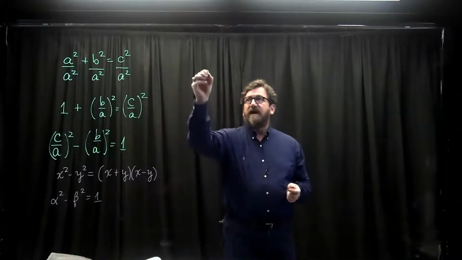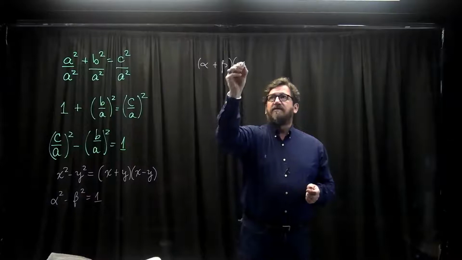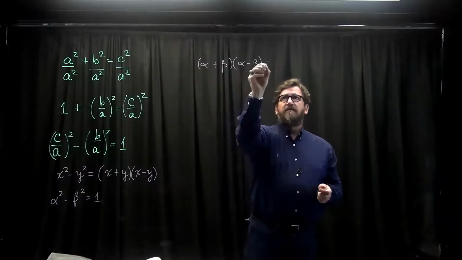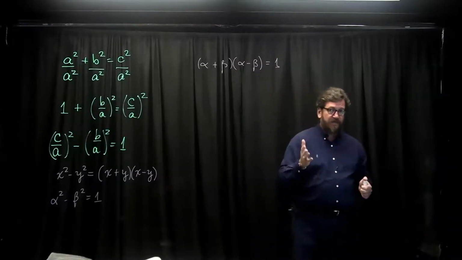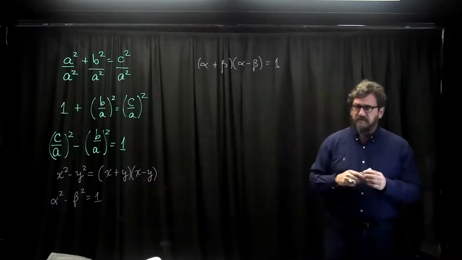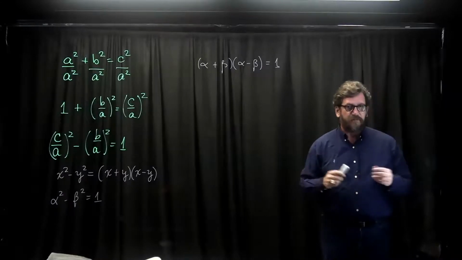So if I do the factoring, I get alpha plus beta times alpha minus beta, which is equal to 1. Now, the Babylonians would realize, hey, we've got lots of multiplication tables that deal with how to get to ones, dealing with reciprocals.